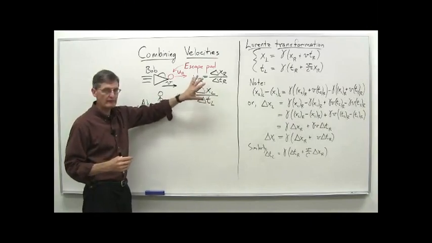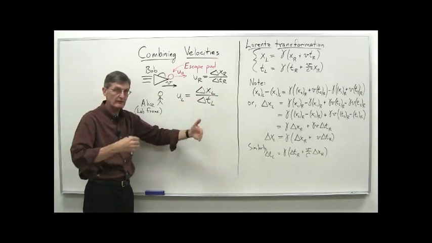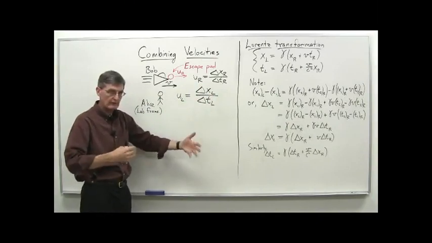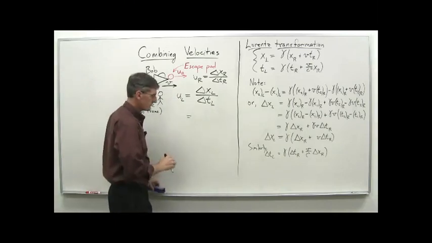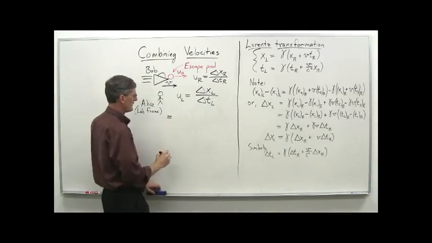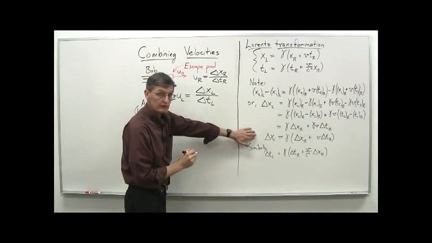Now we want to find out what that value is as far as Alice sees it. That's going to be distance covered in her frame of the escape pod divided by the elapsed time. So using our results from over here, we'll say u sub L equals, here's delta x sub r.